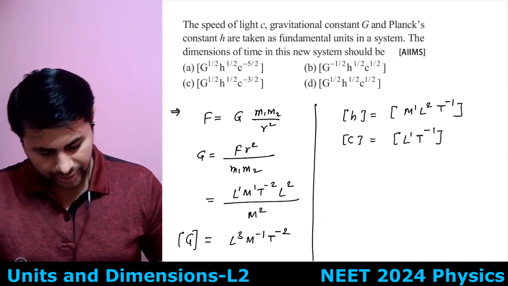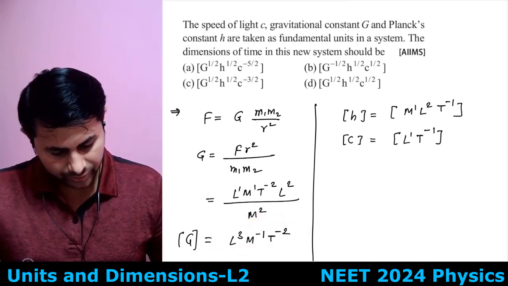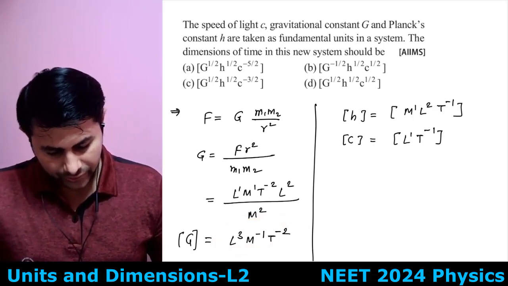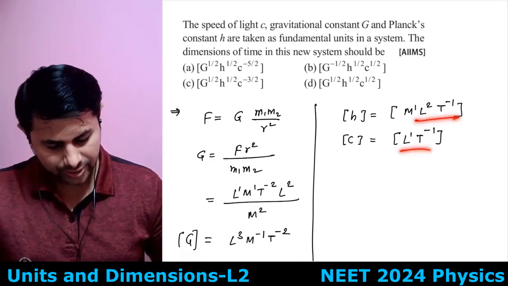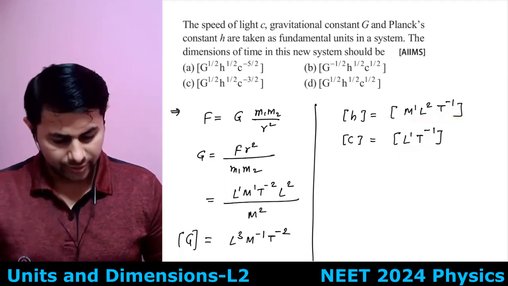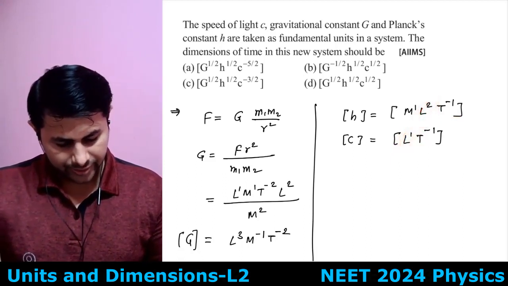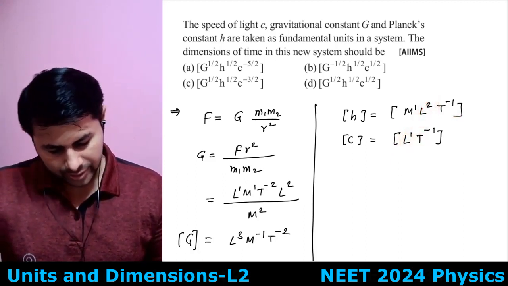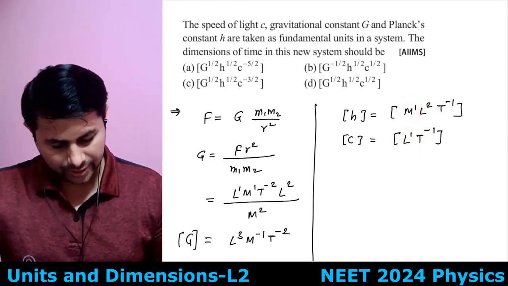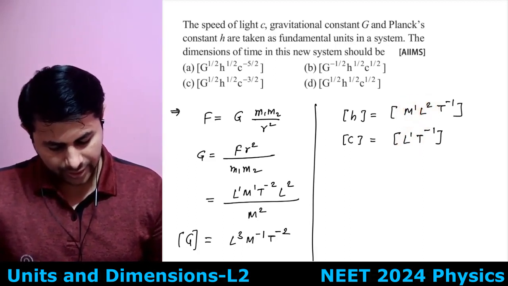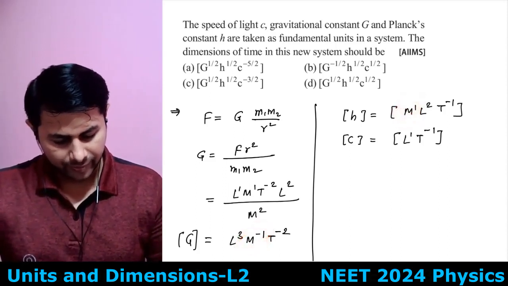Okay, so can we build a quantity using this? We have L cube, and we have to cancel it out. Let's say I take G in the numerator and these things in the denominator, or their reverse. What will happen? This L will get cancelled out. But then what happens to the M? M doesn't get cancelled out, right? Because it is M raised to minus 1 here and we have M raised to plus 1 there.